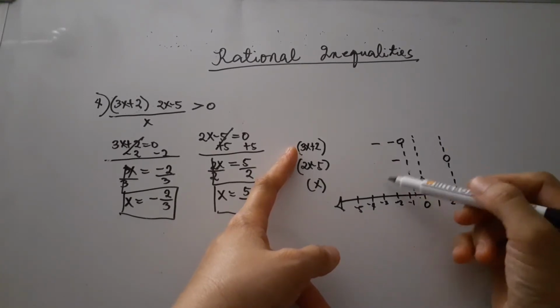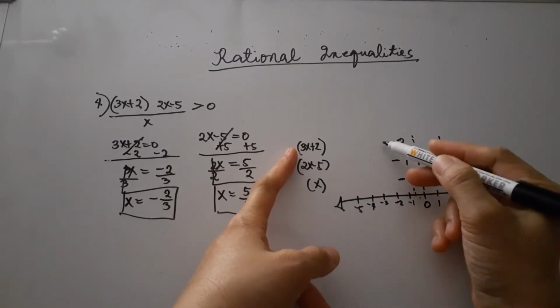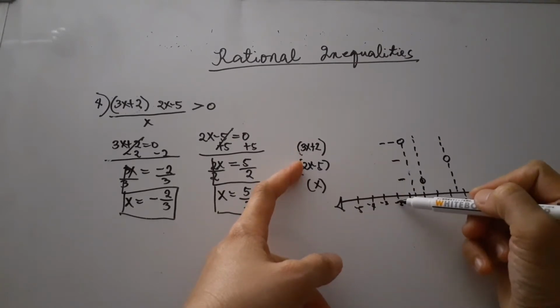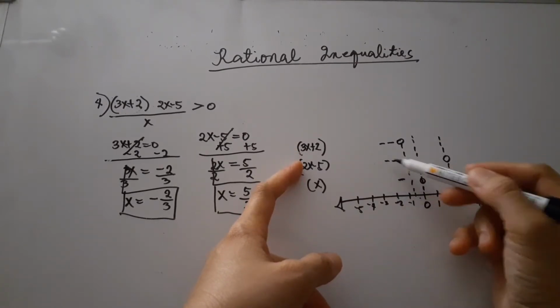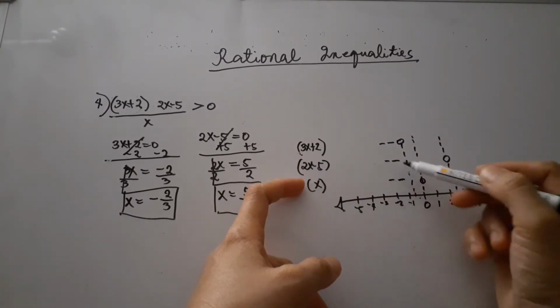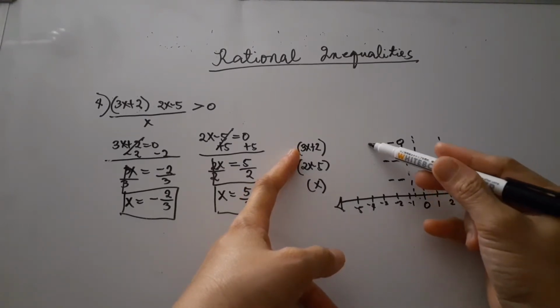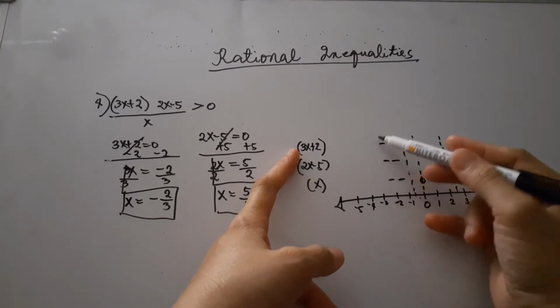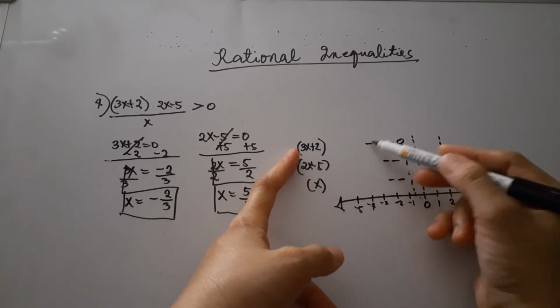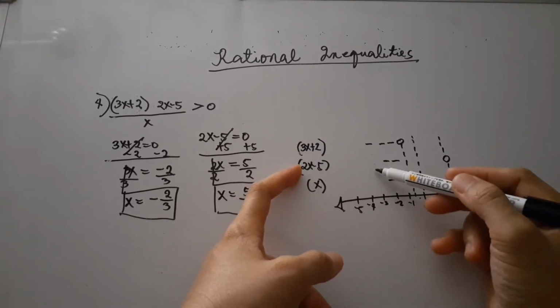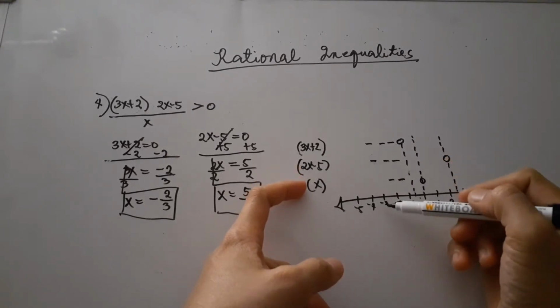And then this one, negative 3, so we have negative, and this one is negative. This one all is negative, since the value of x here is greater than positive, so we have all negative here.